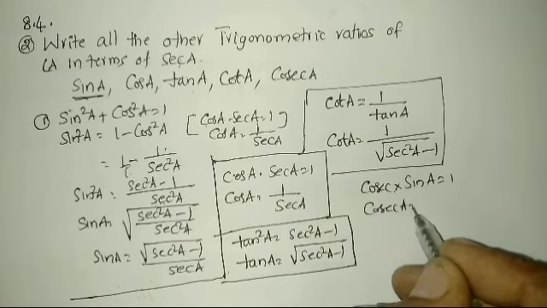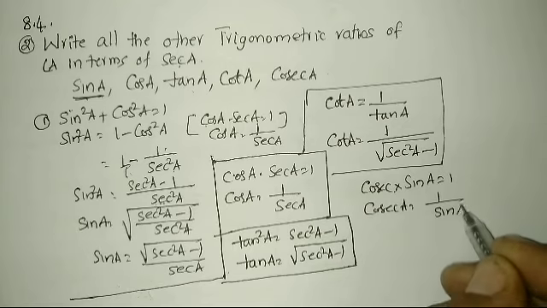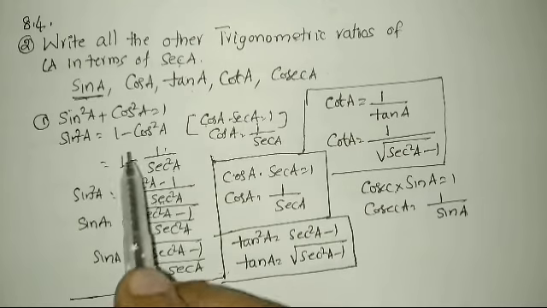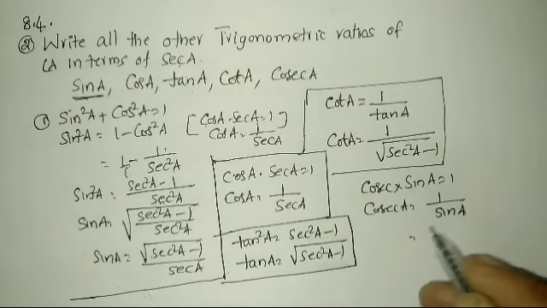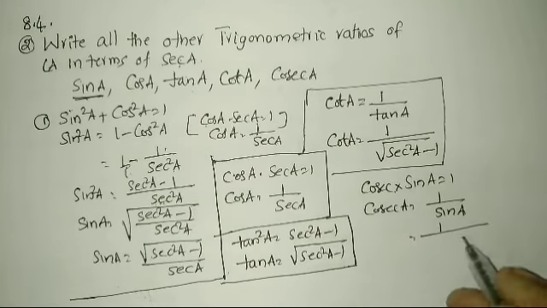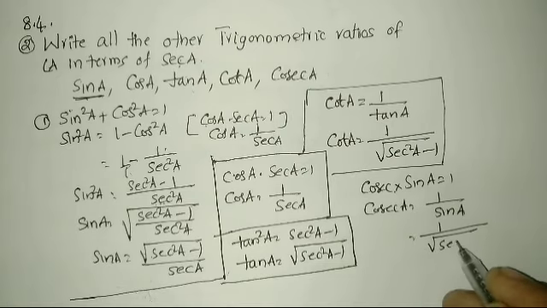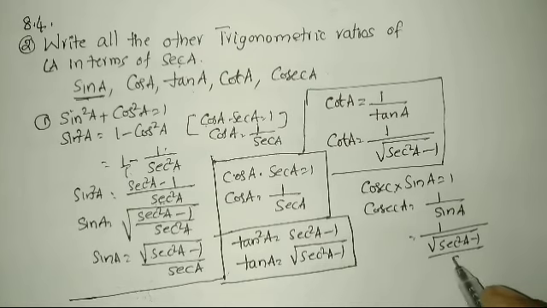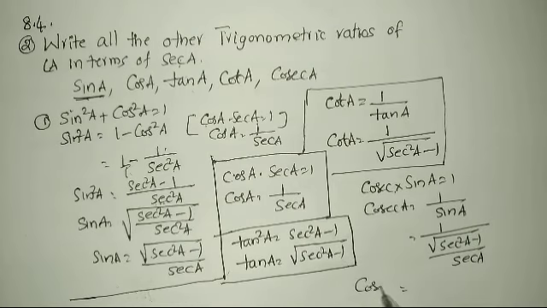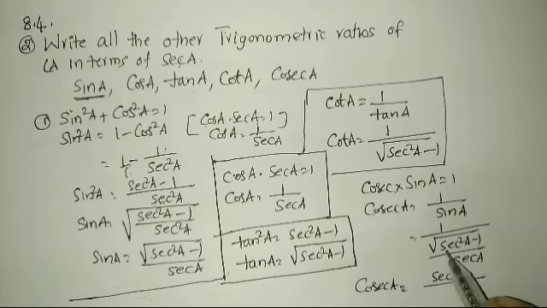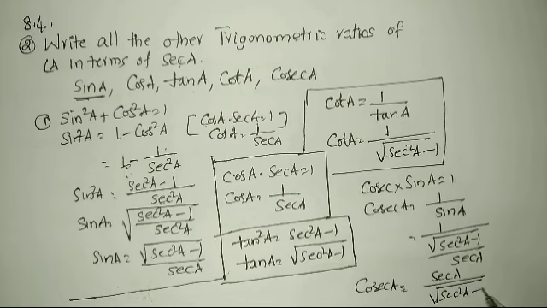Cosecant A equal to what? 1 by sin A. Already sin A is expressed in terms of secant A as root of secant square A minus 1 by secant A. So 1 by sin A means 1 by root of secant square A minus 1 by secant A. That is cosecant A equal to secant A by, you must write the reciprocal of root of secant square A minus 1 by secant A, that is secant A by root of secant square A minus 1.